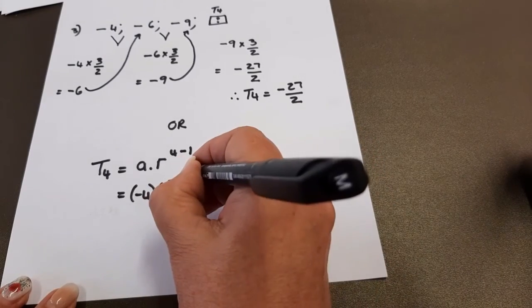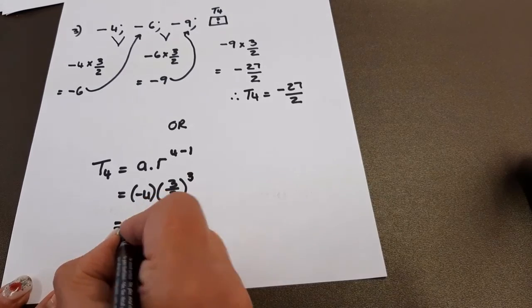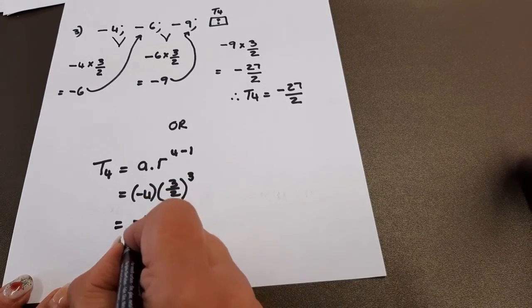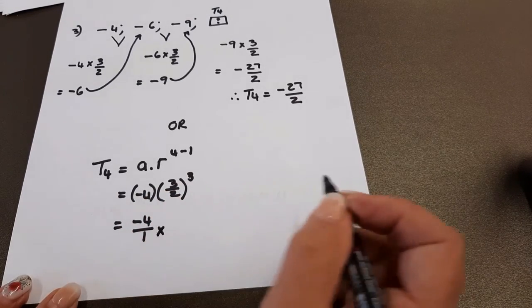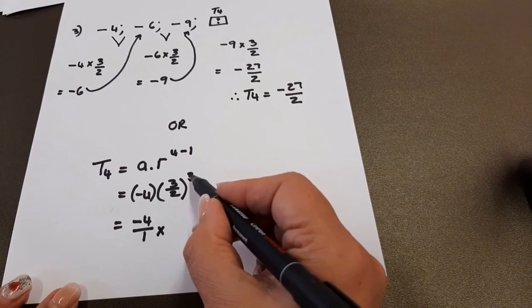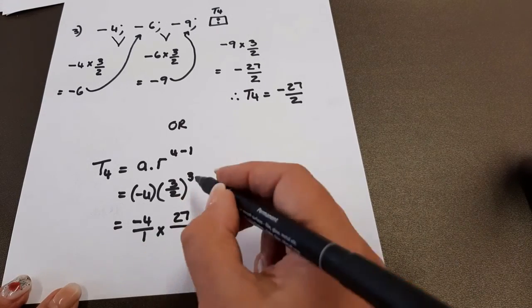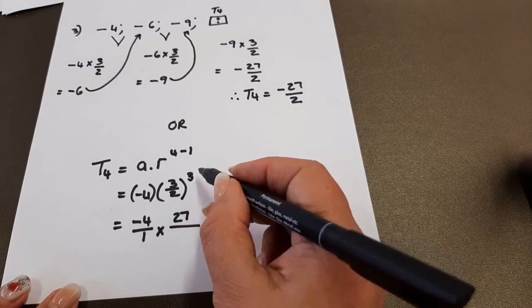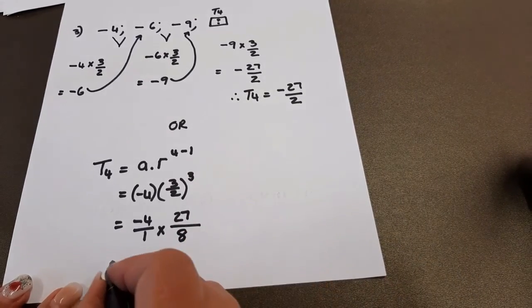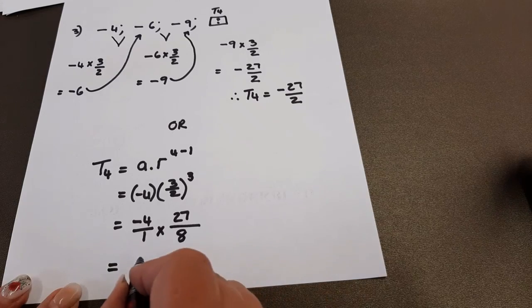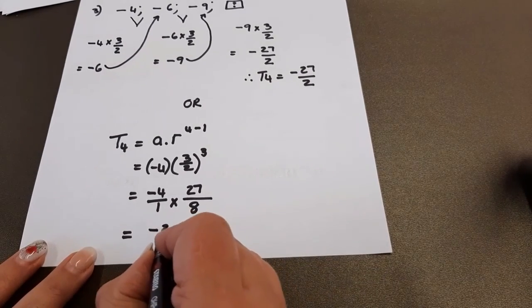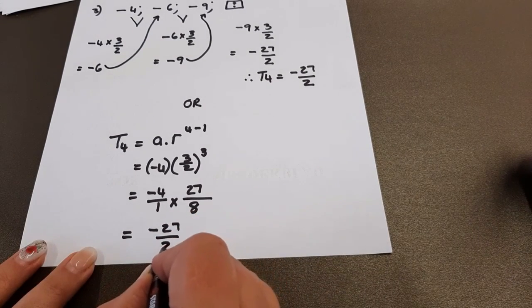And 4 minus 1 is 3. So in this case I have minus 4 times 3 over 2 to the power of 3, which is 27 over 8. And if you calculate that, you also get minus 27 over 2.